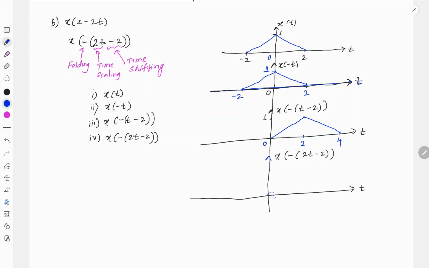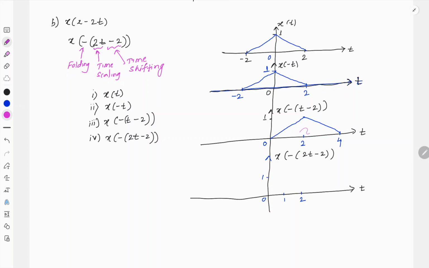So 0 divided by 2 remains 0. Then 2 divided by 2 becomes 1, and 4 divided by 2 becomes 2. So we have amplitude equal to 1. At 2 we have maximum amplitude in the previous case.